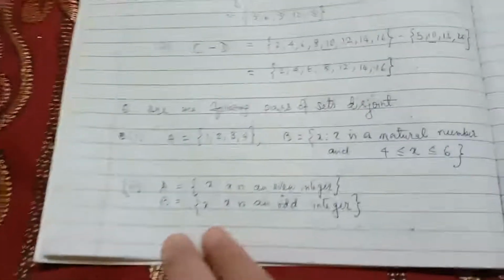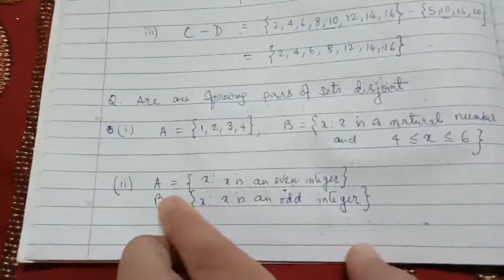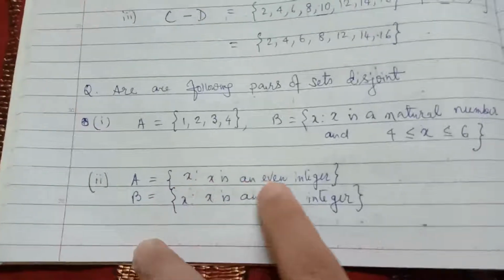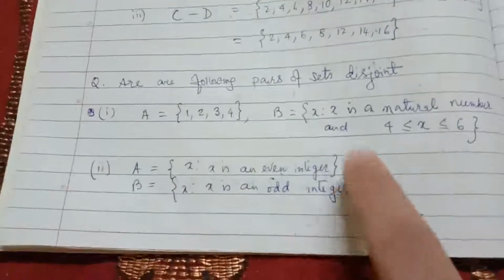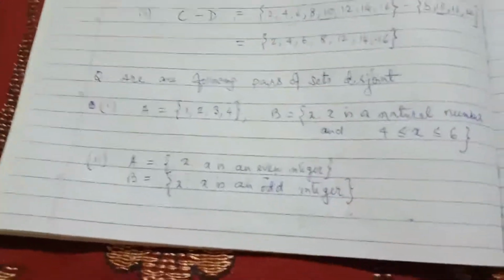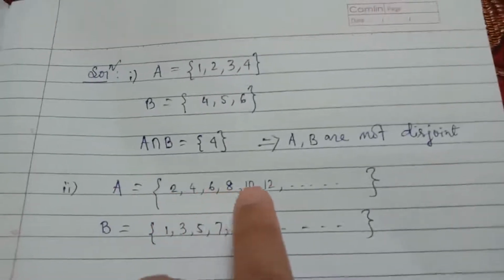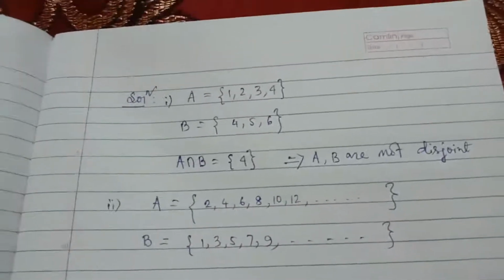Next, second example, A equal to X, X is an even integer. B equal to X, X is an odd integer. So I've written A equal to 2, 4, 6, 8, 10, 12. Even integers.